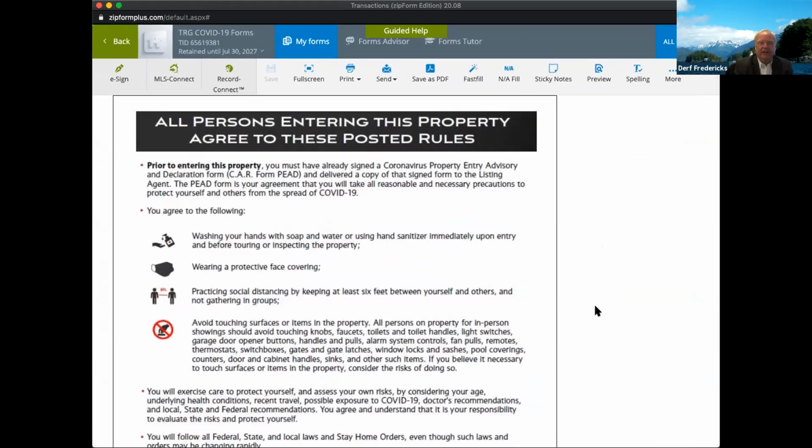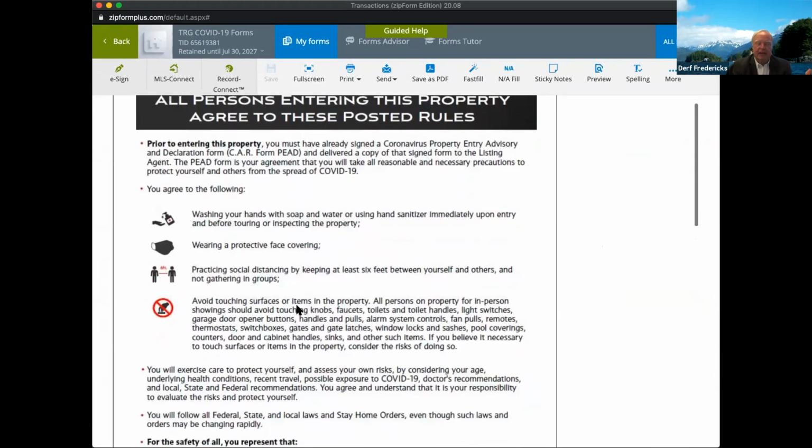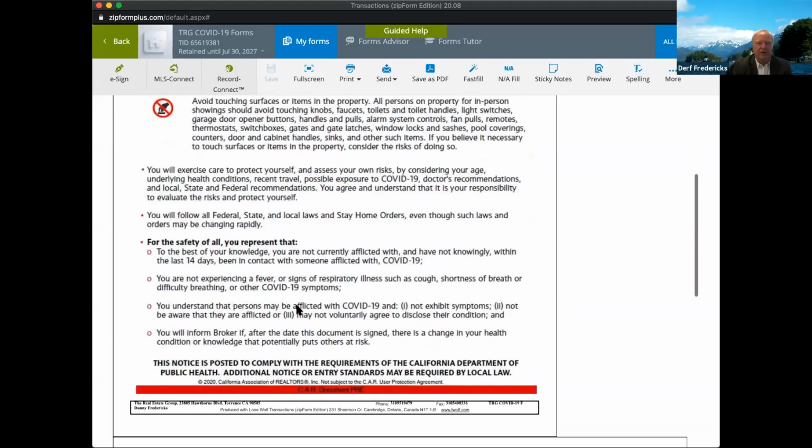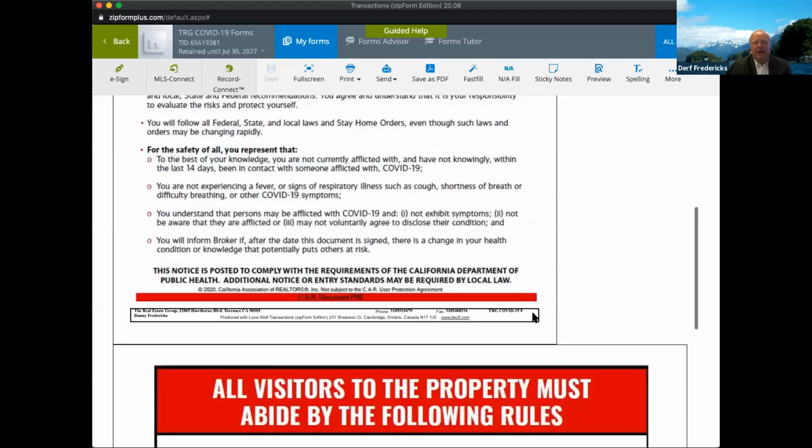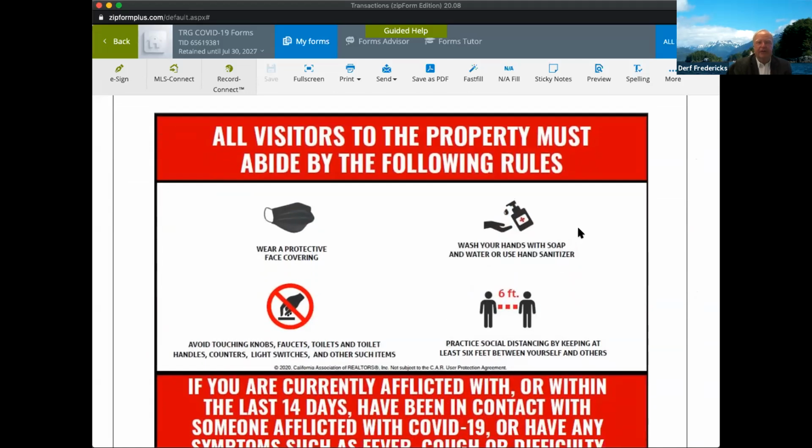Just like we have here in our office, and when you visit most businesses, the business owner is responsible to provide the opportunity to wash your hands upon entering.